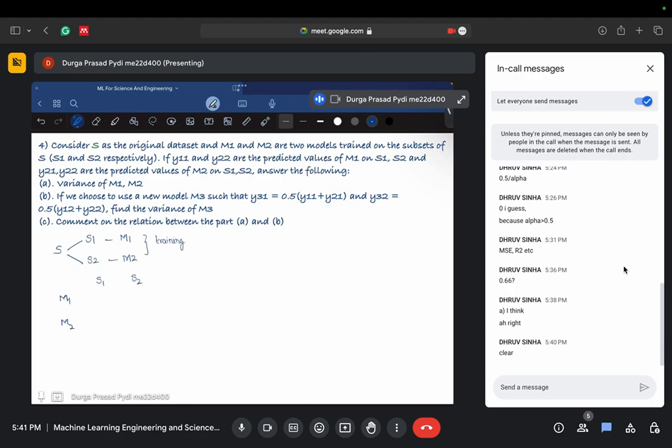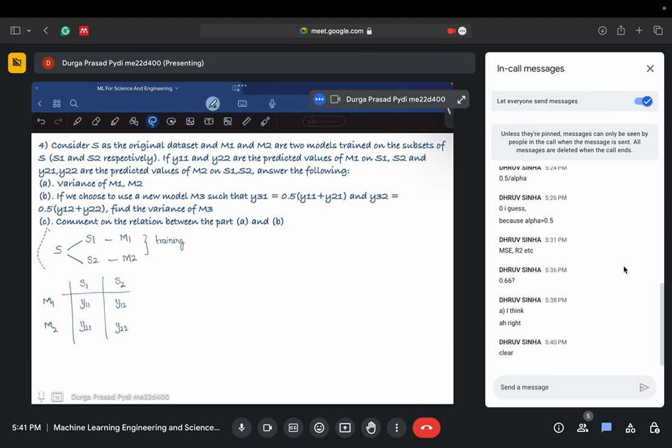Now we are using these models to predict again on these data sets. When you use model M1 on S1, you get Y11. When you use M1 on S2, you get Y12, and this is Y21, Y22. So this is what is given in the question.